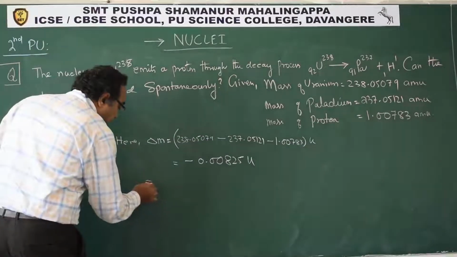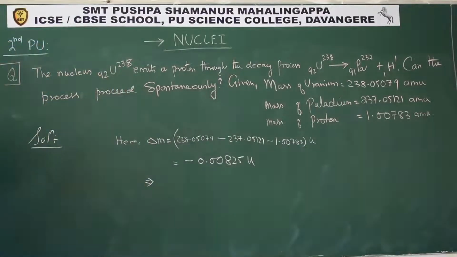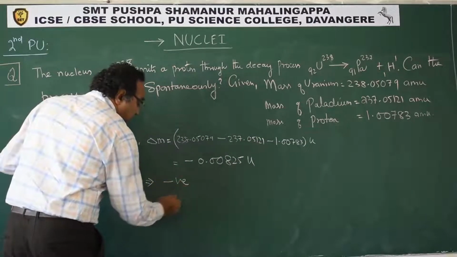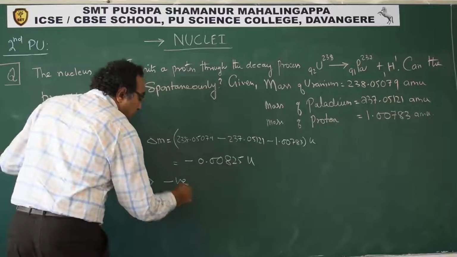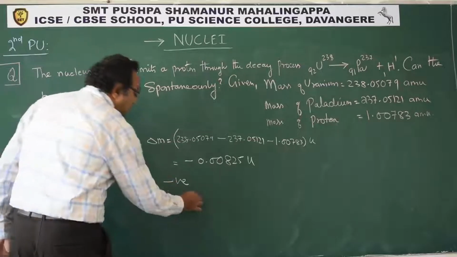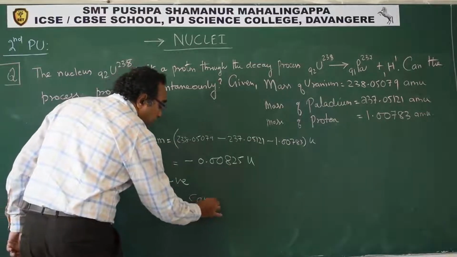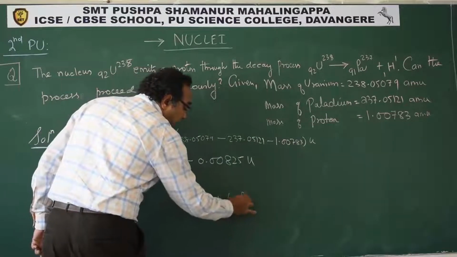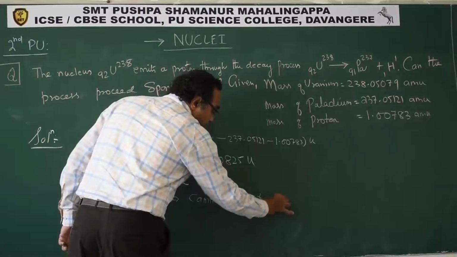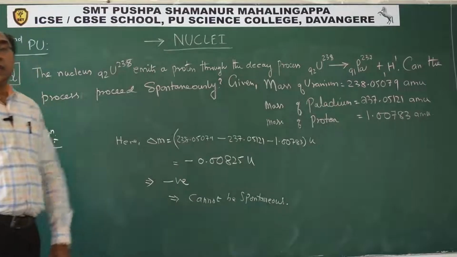So from this what we can say is the amount of energy, or the Q factor, since it is negative, we conclude the process cannot go spontaneously. So we can conclude that it cannot be spontaneous. That is exactly how we can conclude.